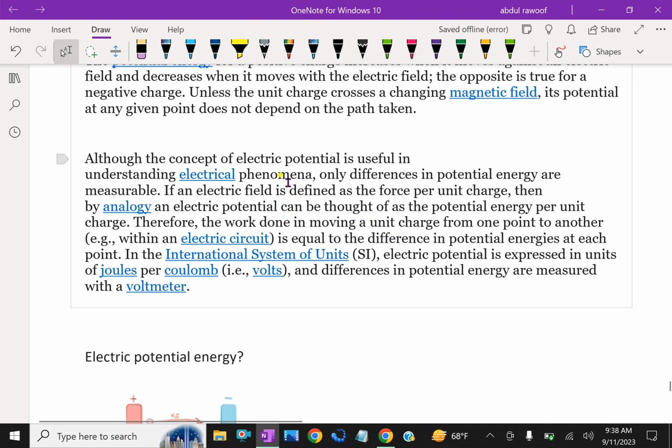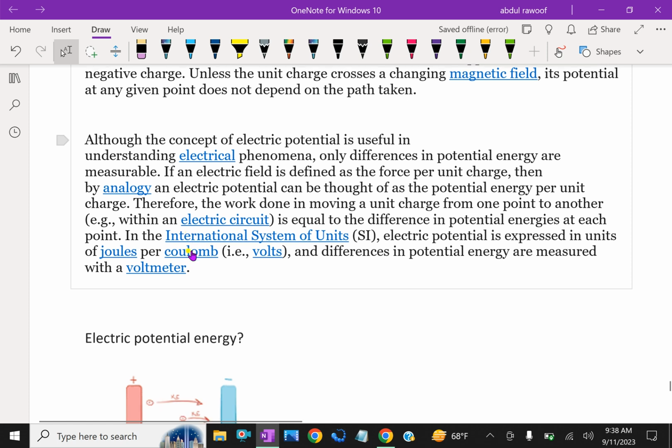Although the concept of electric potential is useful in understanding electrical phenomena, only differences in potential energy are measurable. If an electric field is defined as the force per unit charge, then by analogy, an electric potential can be defined as the potential energy per unit charge.